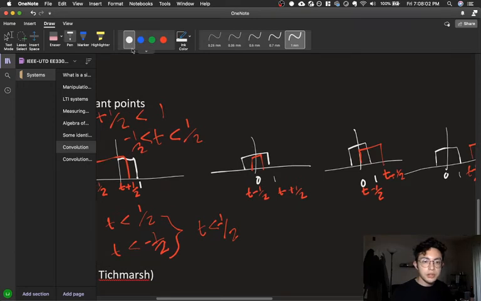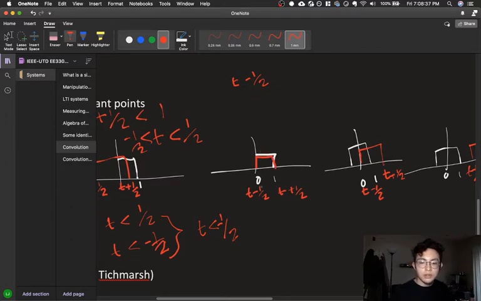So we notice that we want t minus 1/2 is less than 0. Wait, let me redraw this again. I redefined things, sorry. So we have our signal, which is the unit box.